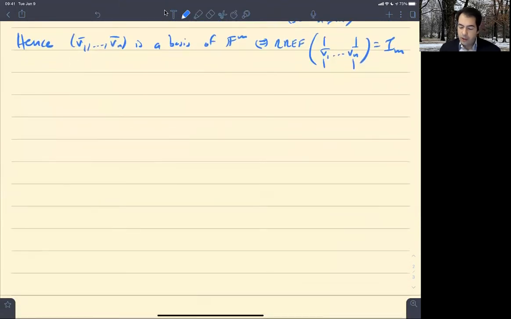Okay, very good. So let's take the definition of basis, and we're just going to re-express it a little bit.